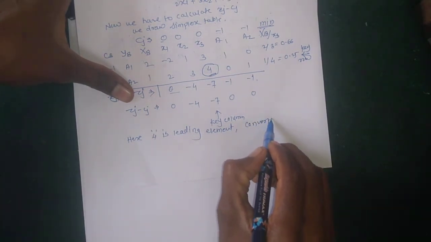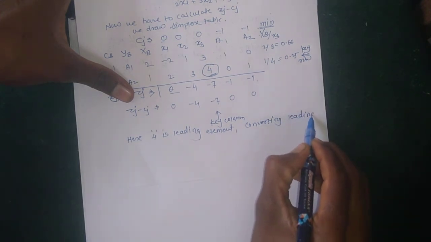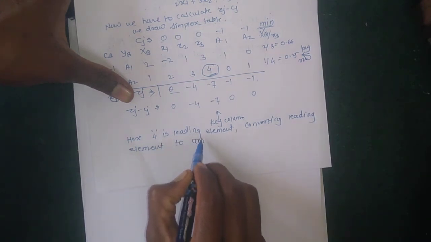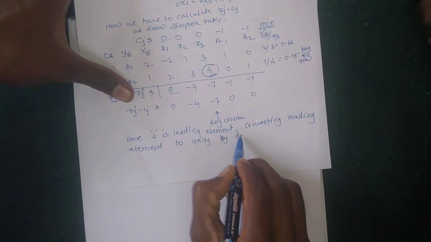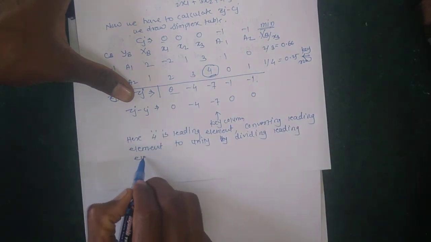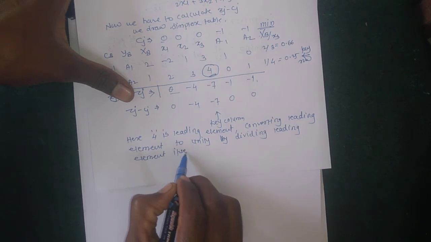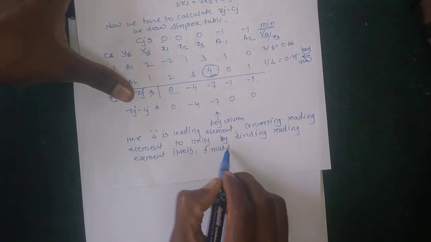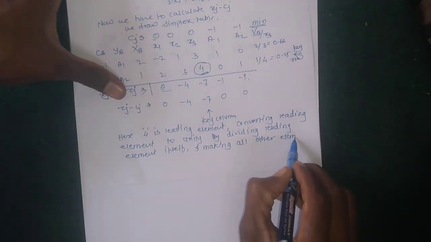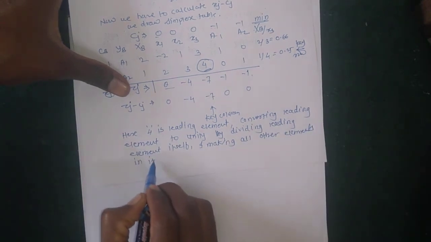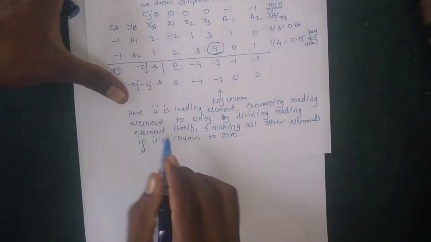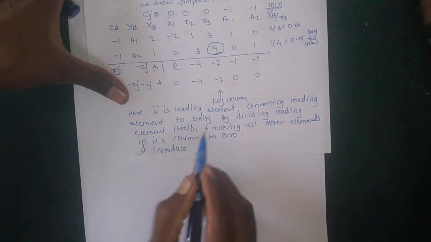Converting the leading element to unity by dividing by the leading element itself, and making all other elements in its column 0, and lastly introduce x3.